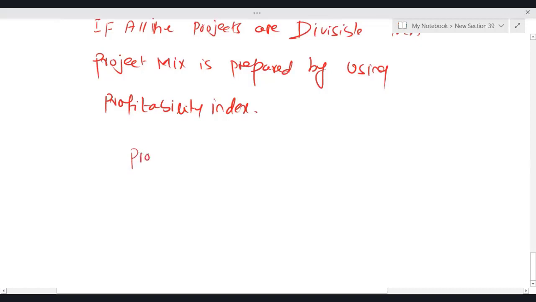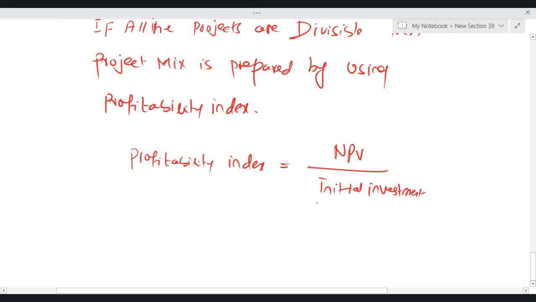Formula: NPV divided by initial investment. If you multiply this by 100, then the answer will come in percentage. If you don't want to multiply by 100, it's up to you.